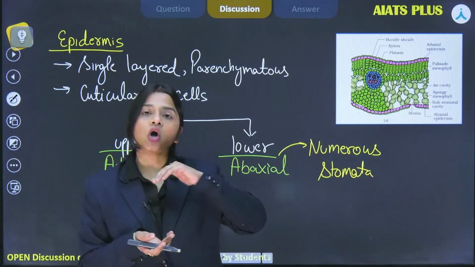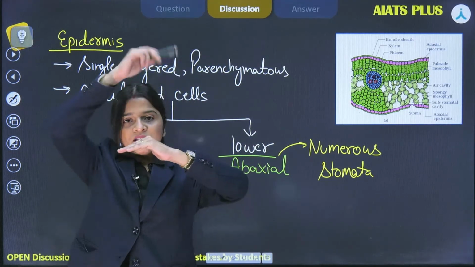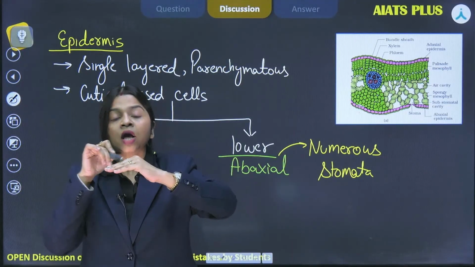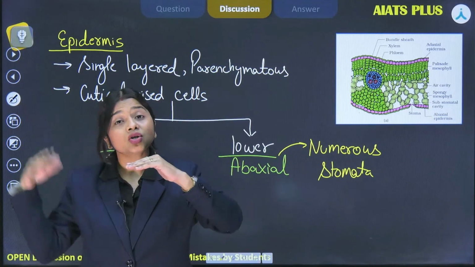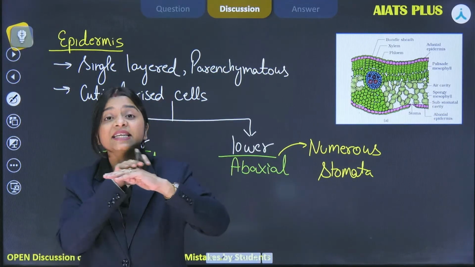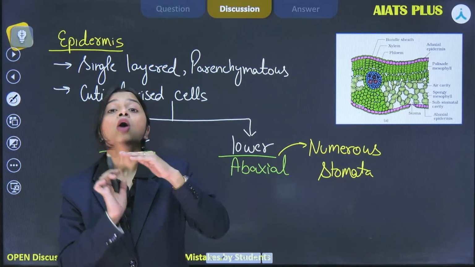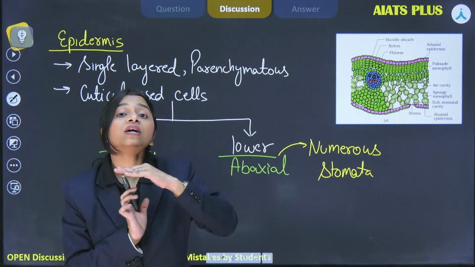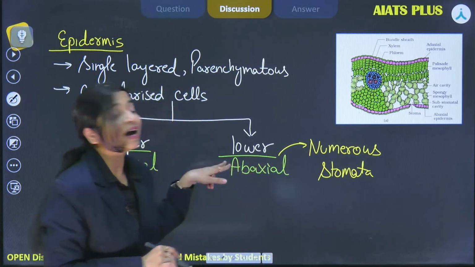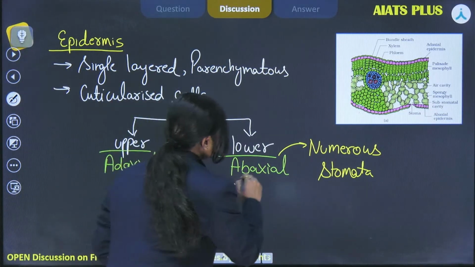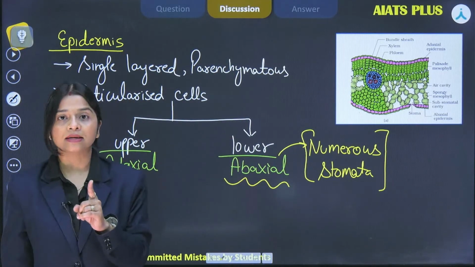Now, if the stomata are exposed, suppose this is the leaf and sunlight is falling like that, it will harm the stomatal apertures, or a lot of transpiration will take place, since the heat is more over there. That is why more stomata are present on the lower surface of the leaf, so that they are a bit protected. So numerous stomata are found on the abaxial surface. This question is also asked.